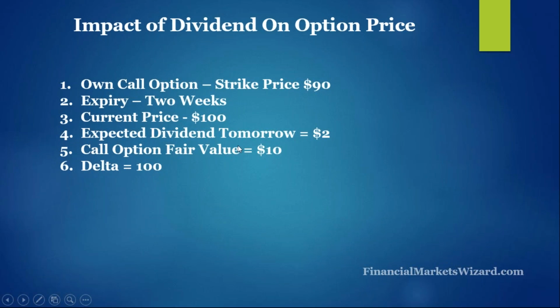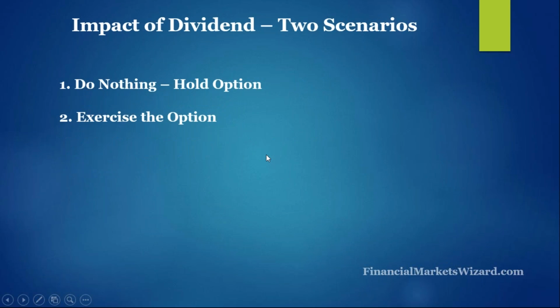So if delta is 100, the fair value of the option is $10. In other words, if you exercise, you can buy Apple at $90 and sell right away at $100, you make $10, right? You may have bought this call for $2.